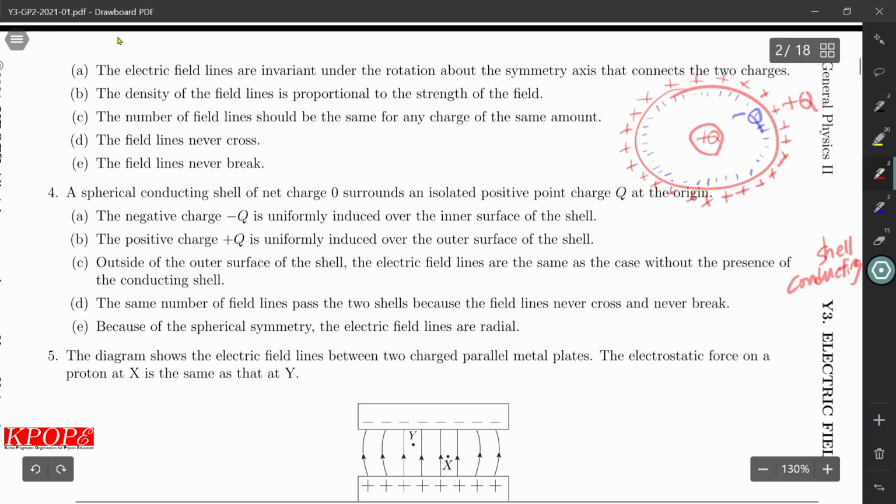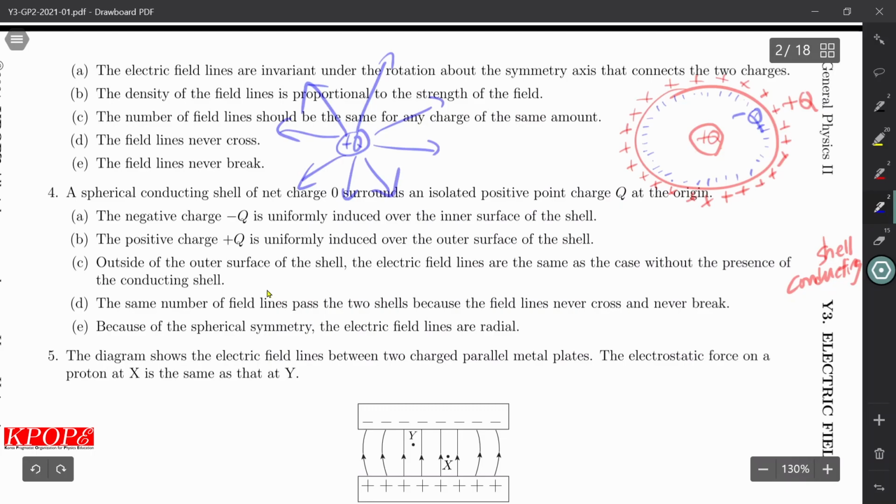Outside the outer surface of the shell, the electric field lines are the same as the case without the presence of the conducting shell because of the shell theorem. There used to be electric field lines originally, but after redistribution, what happens?